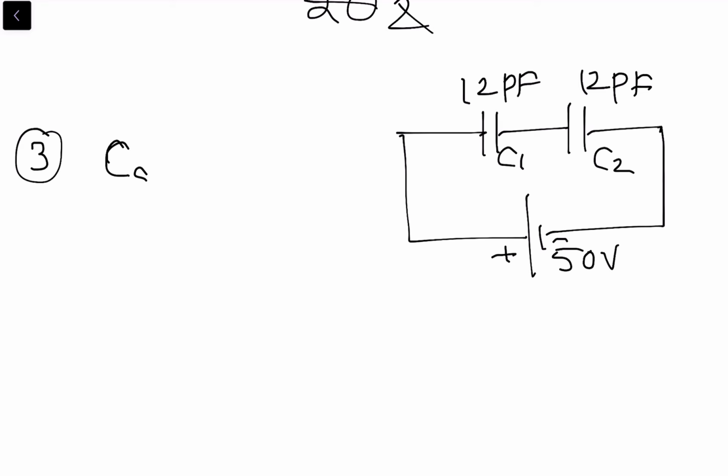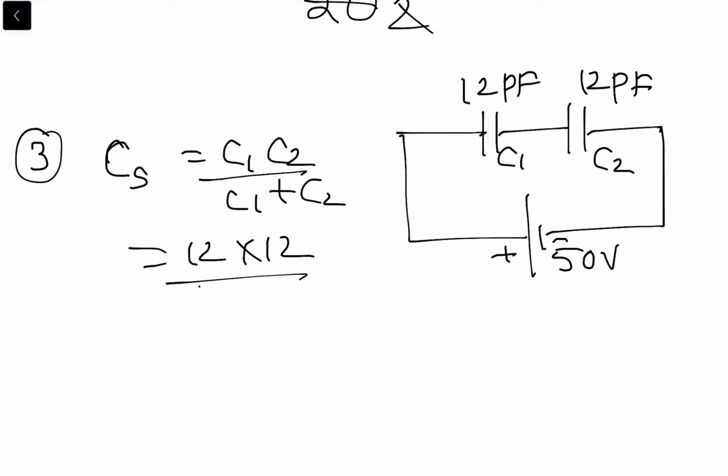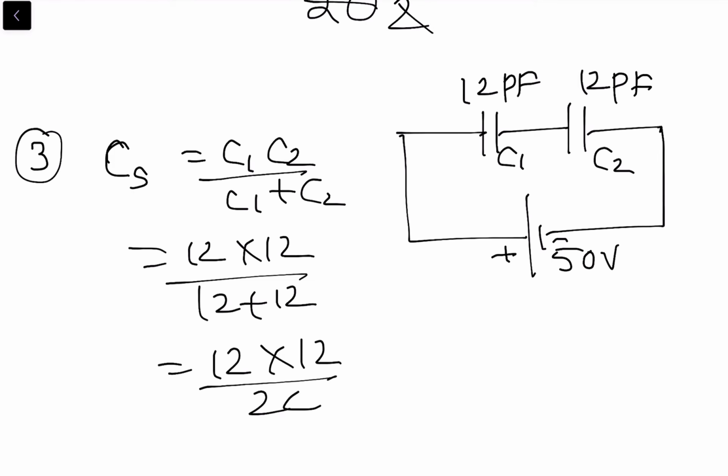The resultant CS is equal to C1 C2 by C1 plus C2, that is 12 into 12 by 12 plus 12. Don't multiply 12 into 12 by 24, 12 twos and 2, that is 6, and you will get resultant is 6 picofarads.